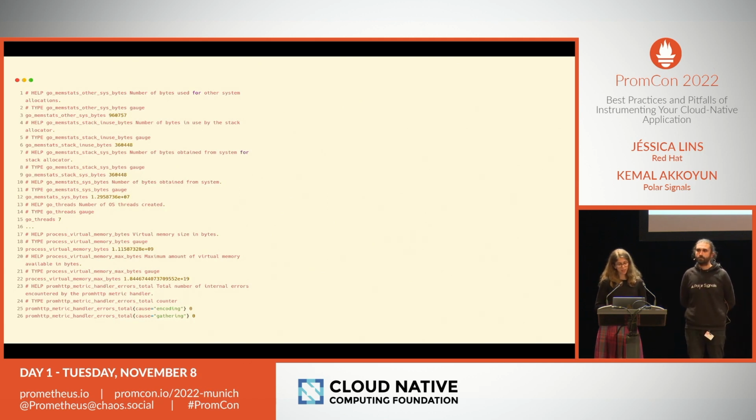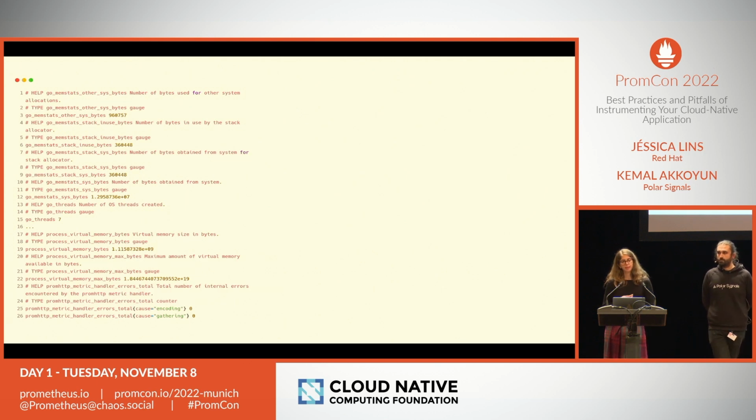You have things like the number of OS threads created, virtual memory size, and also the PromHTTP metric handler error metric. But the idea here is really to add your collectors to a custom registry, and then you are exposing just the metrics that you really need.